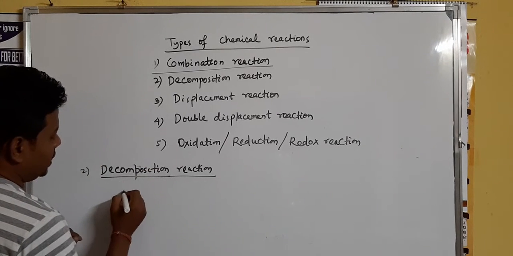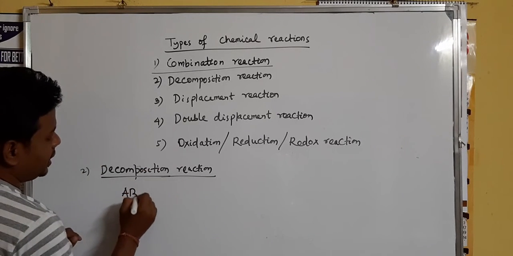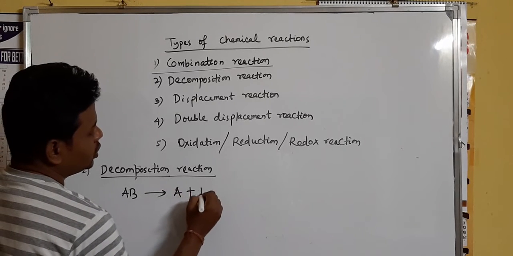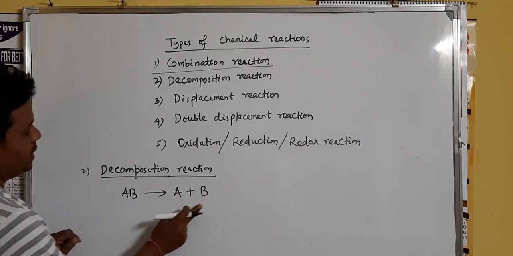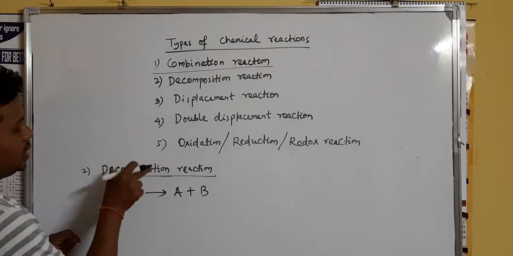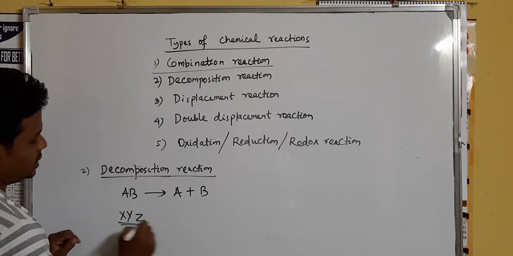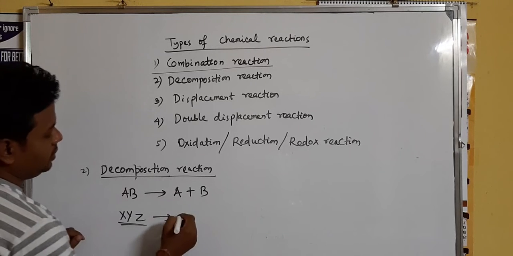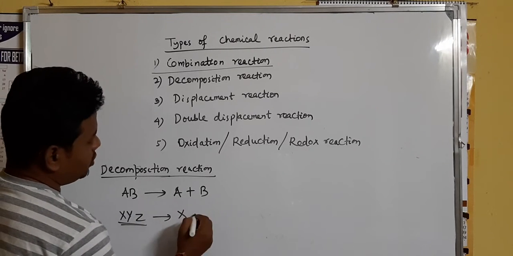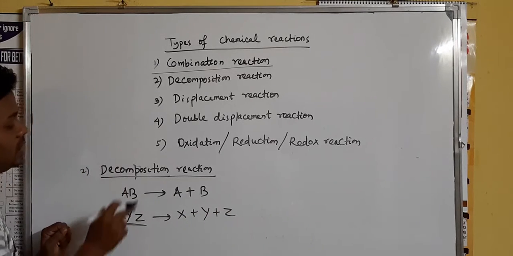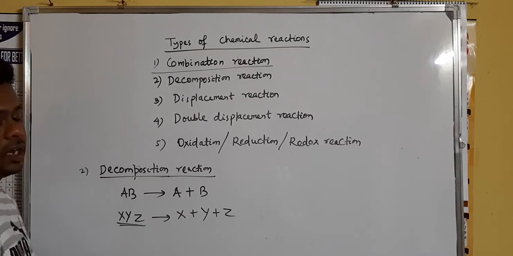I will symbolize that if AB is a single reactant, it breaks and forms two products A and B, then it is called decomposition reaction. For example, XYZ is a reactant. If it breaks to form X, Y plus Z, then it is also a symbolized form of decomposition reaction.